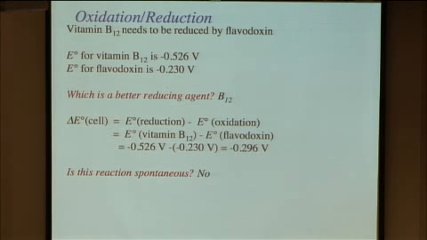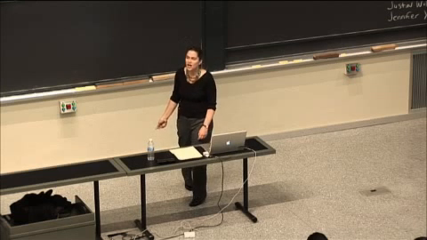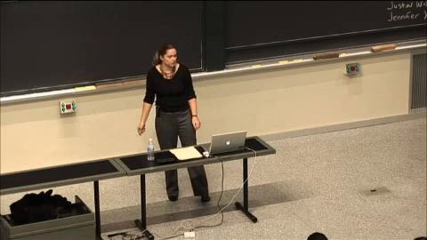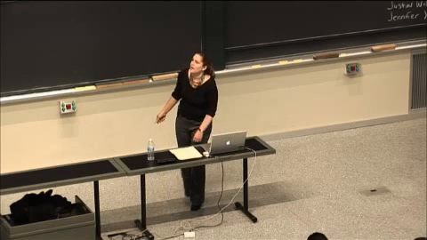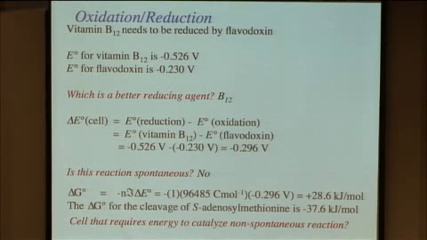No. And that's because if you have a negative standard potential, then you're going to have a positive value for delta G, so it will not be spontaneous. And again, you can calculate the value for delta G. So we have minus n, the number of moles of electrons, times Faraday's constant, times the difference in potential. And it's a 1 electron process.